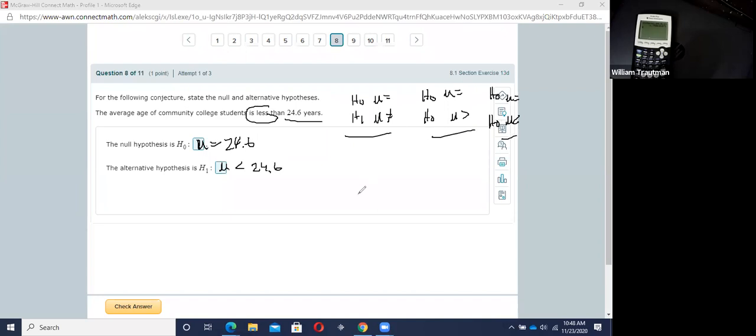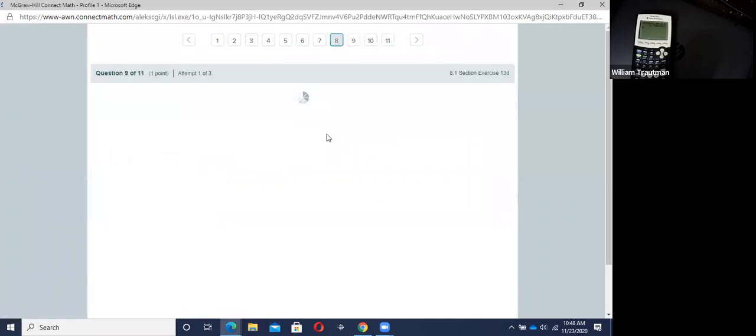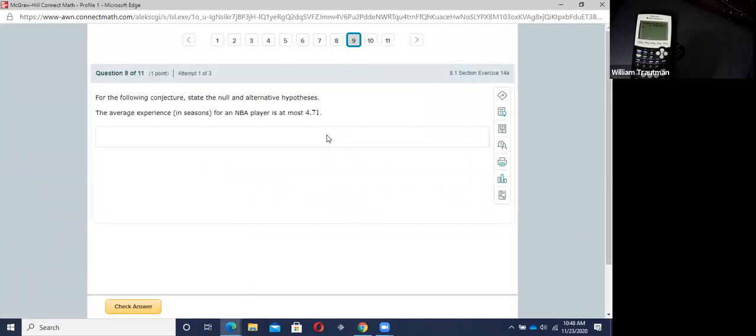You can't write anything else down. You can't write the average is not equal for the H0. H0 has to be equals every single time. Then you have to decide if it's not equal, greater than, or less than. So only three possibilities for our H0 and H1.